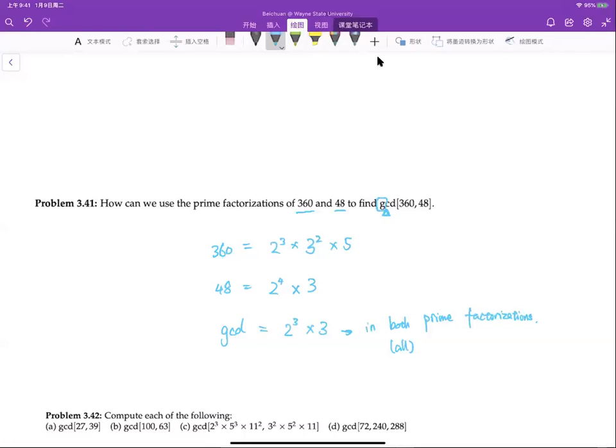Definitely, if you do 2 squared times 3, it's still a common divisor of 360 and 48, but it's not the greatest one.